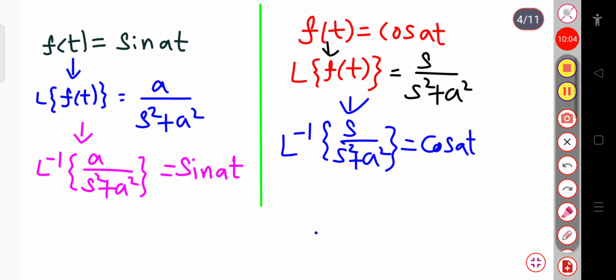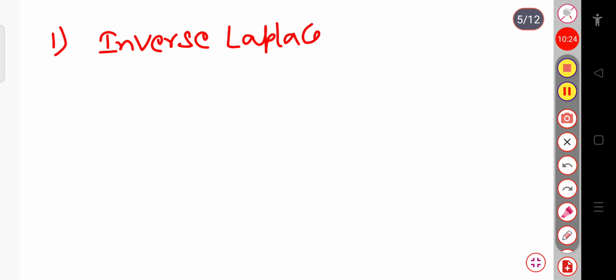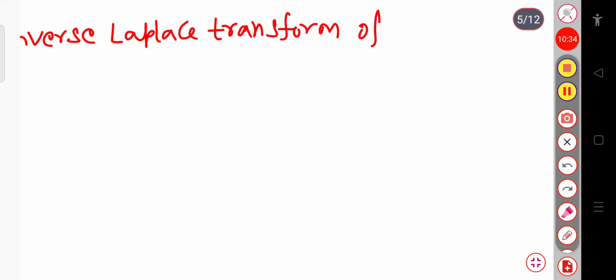Now I will take some examples so that it will be clear to you. Suppose our first question is to find the inverse Laplace transform of 6 divided by s square plus 36.